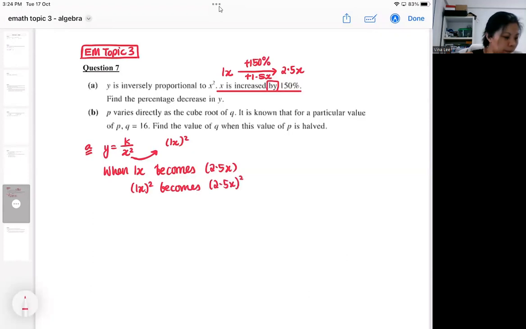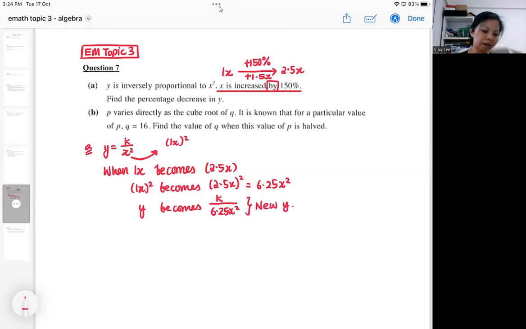If you punch this out, it will be 6.25x squared. Originally y was k over 1x squared, so right now it will become k over 6.25x squared. This will be what we call the new y.